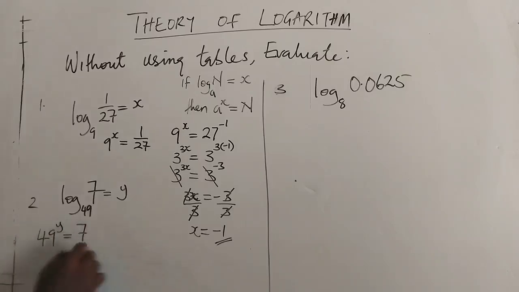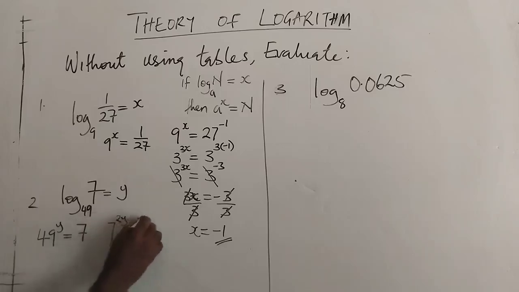Going further, 49, you can reduce it to the level of 7, and that will give us 7 raised to power 2y equals to 7 raised to power 1. Why raised to power 1?